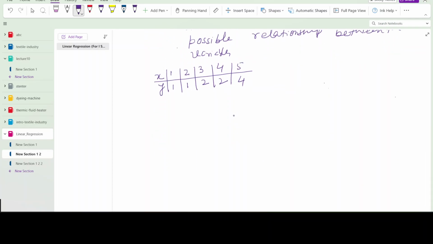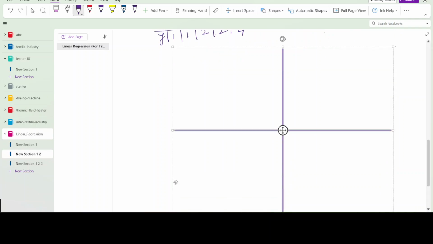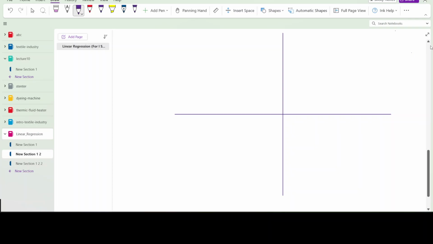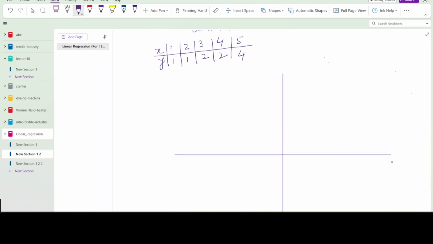Now we have to plot it. This is the x-axis and this is the y-axis. On the x-axis we have values from 1 to 5, and on the y-axis we have values from 1 to 4.